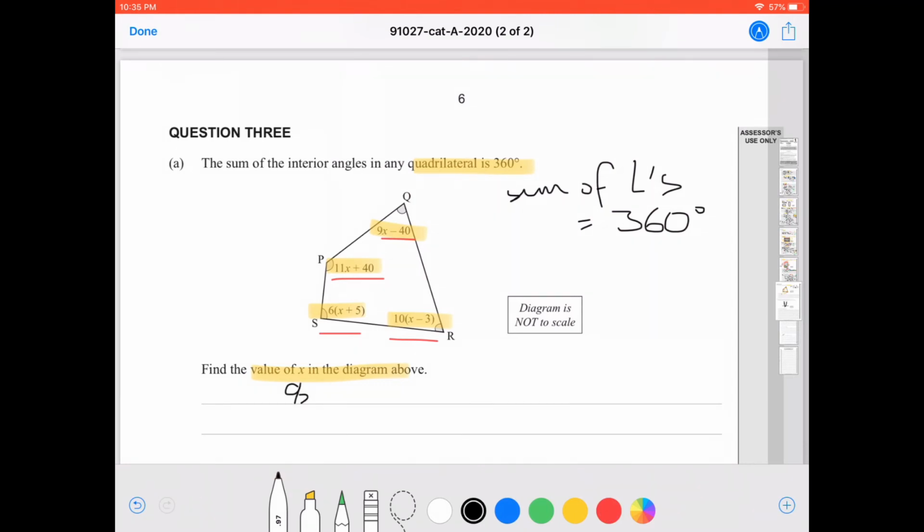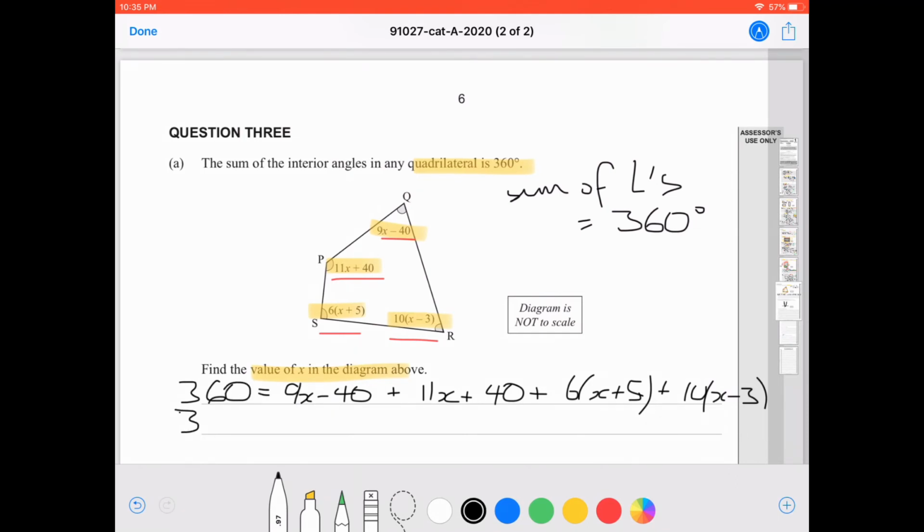So, 9x minus 40 plus 11x plus 40, 6x plus 5 and 10x minus 3, and because of running out of room I'll put 360 equals over here. Okay, so we're going to collect like terms and then we can solve for x.